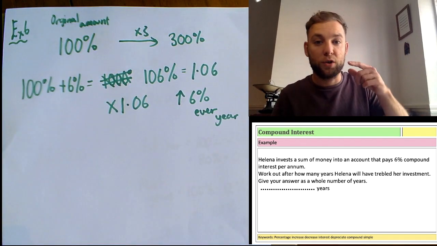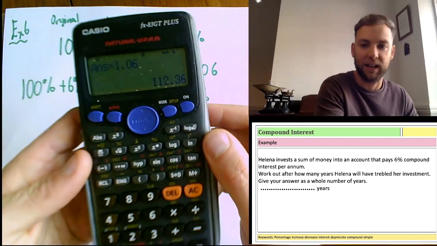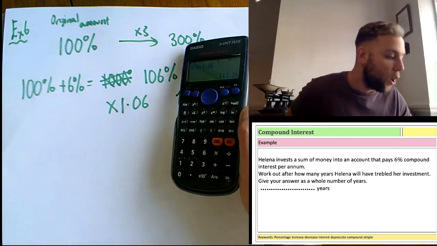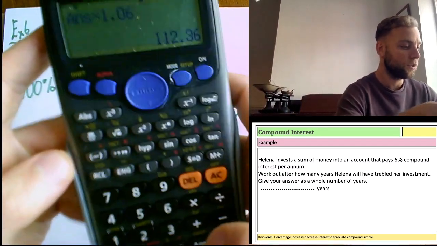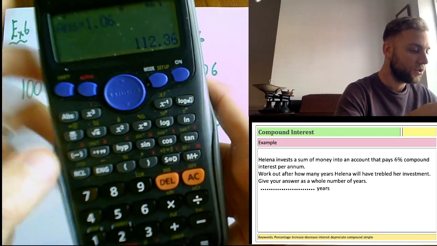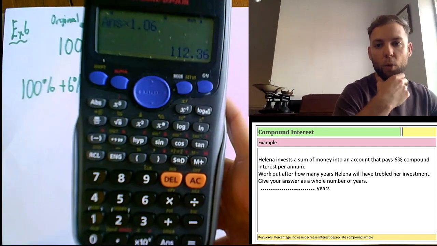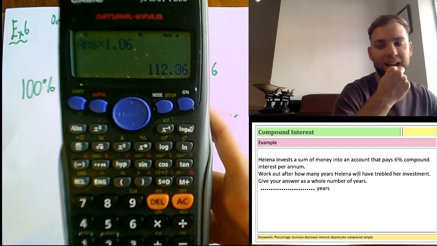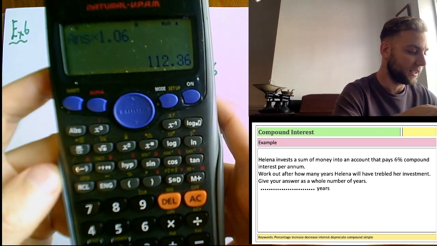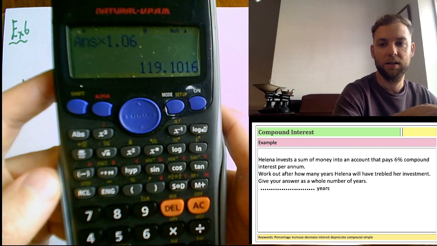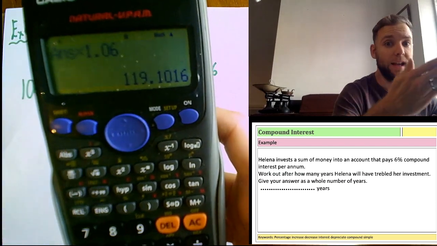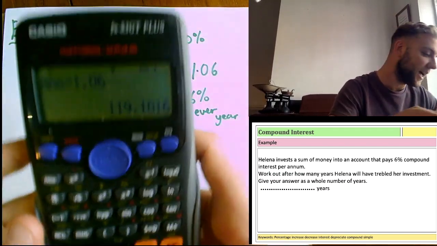Now what you've got to do is keep doing this on the calculator until you get over 300. So I'm going to show you this. So that's my second one. So notice it now says answer times by 1.06. So to get my third year, I'm going to press it again. So that's my third year. And then you're just going to keep doing this and counting them until you get over 300.